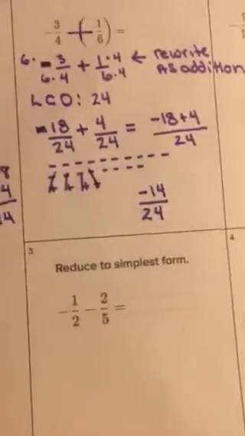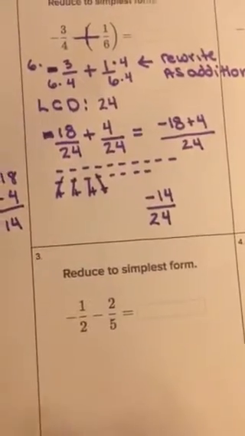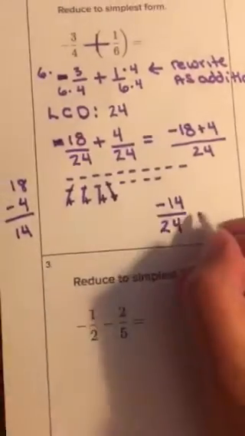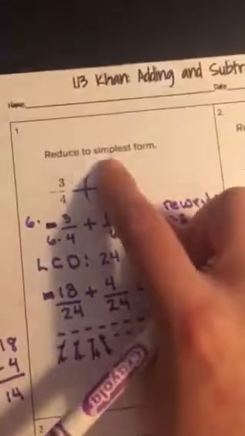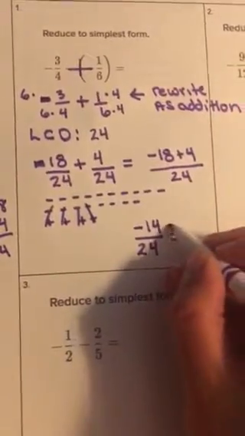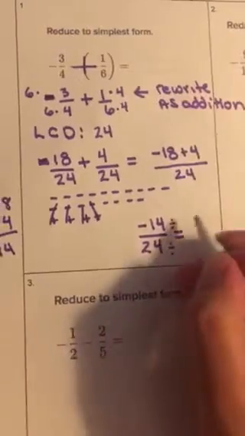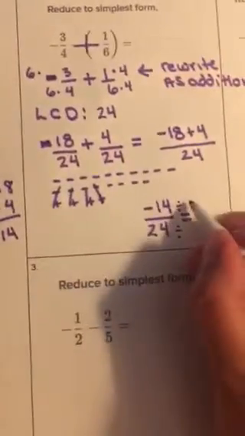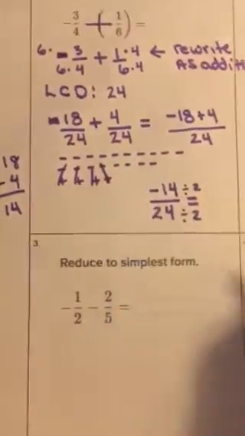So if you were on a test or a quiz with me and you wrote negative 14 24ths, I'd be pretty happy. However, with Khan Academy, they want you to simplify. So we have to think, what number can go into both 14 and 24? You don't need the greatest common multiple, but if you know it, great. If you don't, I tell you guys, just whittle it down.